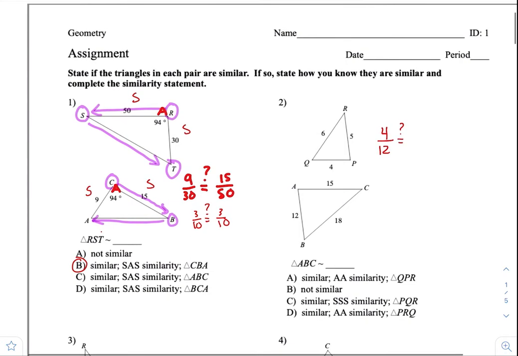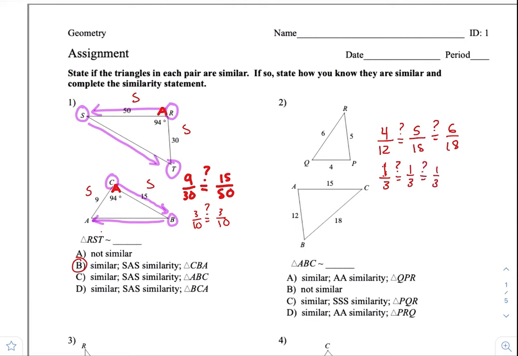And is that equal to 5 over, what's the second biggest one over here? 15, and 6 over 18. Remember, you have to make different combinations and see if it's consistent across the board. And all of these are going to be one-third.